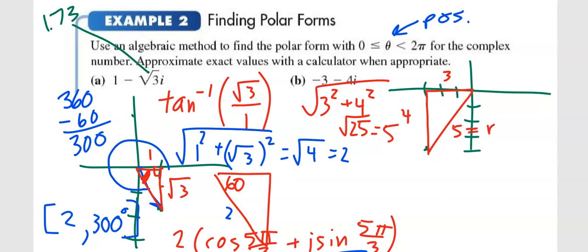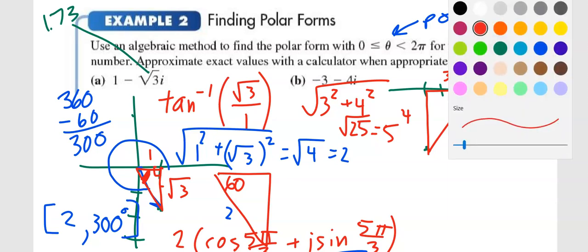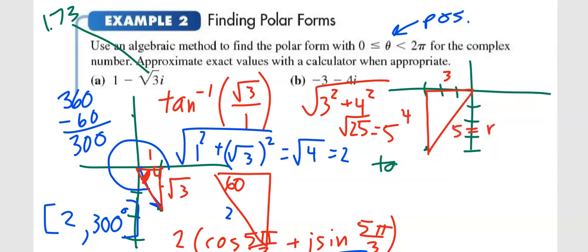That's the radius. We do need to invert the tangent. Let's pick a different color here. Invert the tangent of opposite over adjacent. And if I invert the tangent, hold on a second.